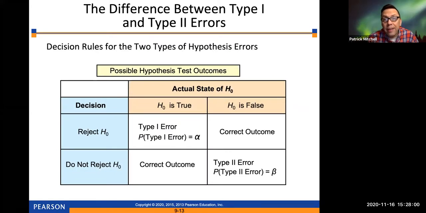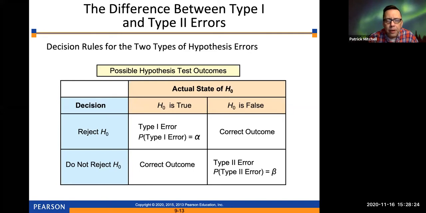Okay, so this is a chart that you might find helpful. I think a lot of people have trouble remembering which error is type 1 and which one is type 2. Type 1 is rejecting a true hypothesis. The probability of a type 1 error is alpha. Type 2 is not rejecting a false null hypothesis.